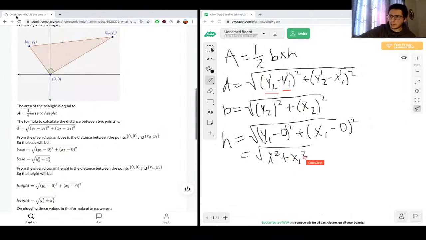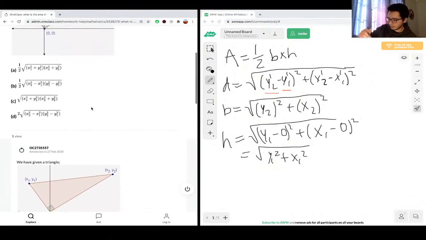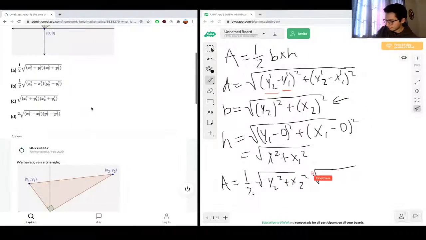And right away from the options given above, you can kind of start to see which one makes the most sense. We know that area is equal to 1/2 times the square root of the base, which is y2 squared plus x2 squared, multiplied by the square root of y1 squared plus x1 squared.